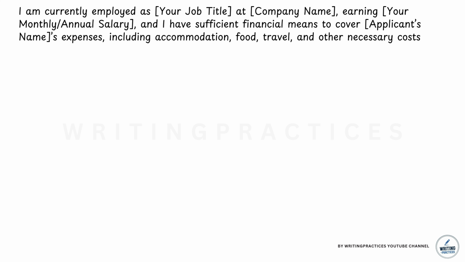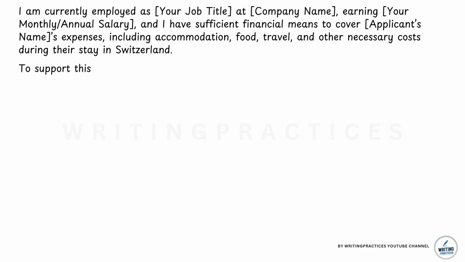This paragraph is essential because it confirms your employment status, states your job title and company name, which adds credibility, provides details of your income, proving you can afford to sponsor the applicant, and specifies that you will cover all necessary expenses. If you are self-employed, you should mention your business name and provide details of your income. Ensuring the embassy knows you have the financial capacity to support the applicant strengthens the visa application.